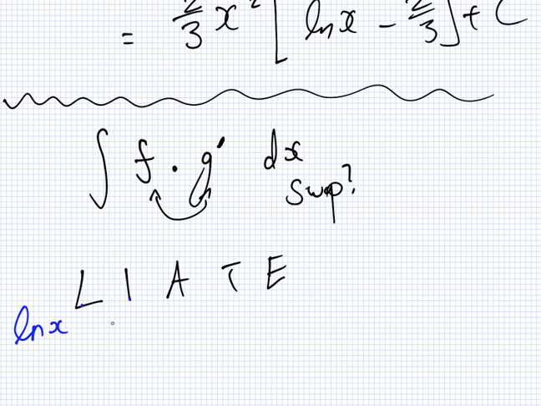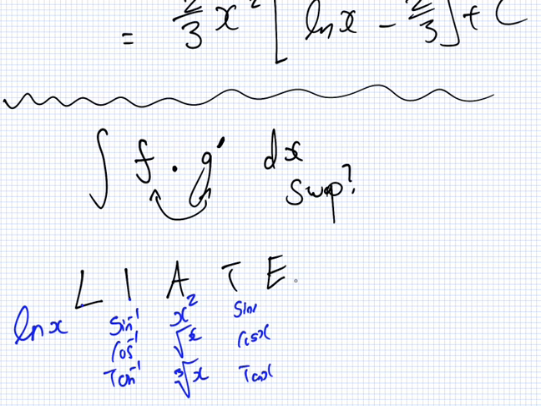This one here is I, which stands for inverse, like sine inverse, cos inverse, tan inverse. This one here is A for algebra, which just means things like x squared, square root x, cube root x, whatever. T for trigonometry, so that's just sine, cos, tan.